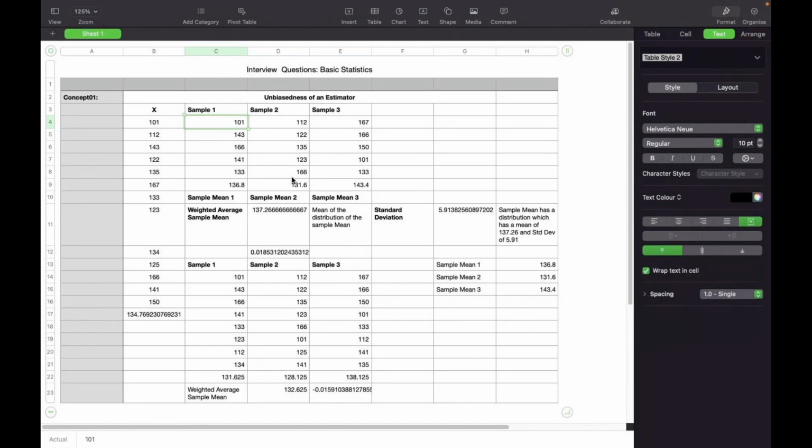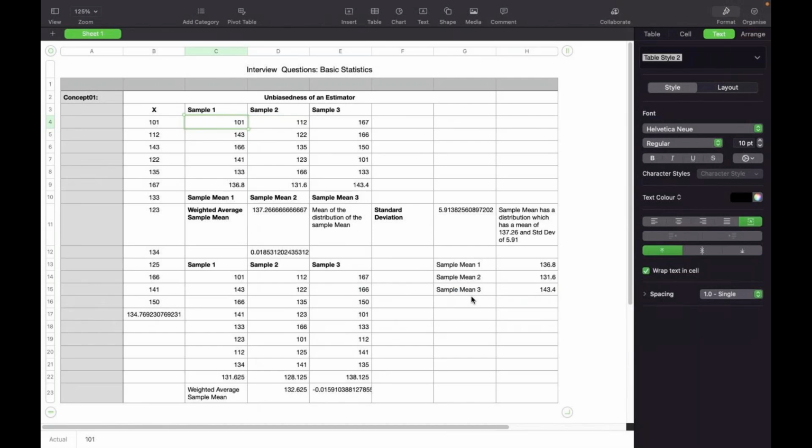So I now have a distribution of the sample means. For sample 1 I have a mean, for sample 2 I have a sample mean, for 3 I have a sample mean. So I have 3 samples and 3 means. So there is a sampling distribution of the means.